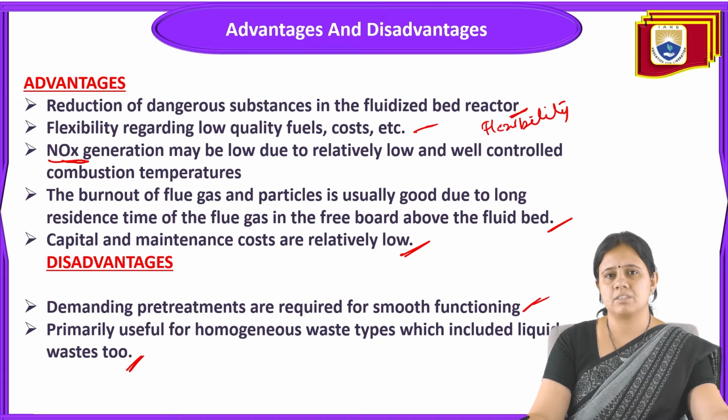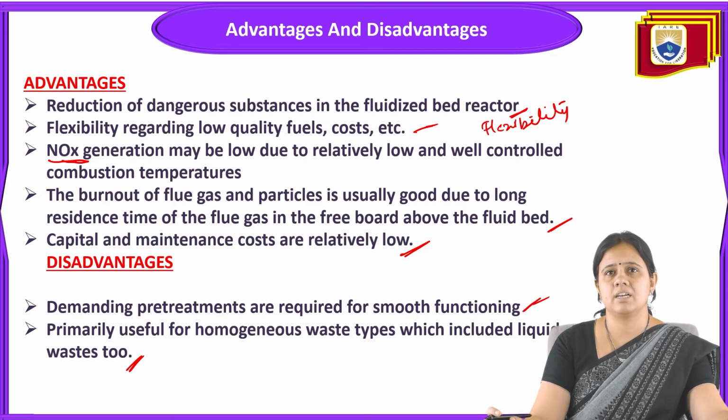So we have discussed the moving grate incinerator, rotary kiln incinerator, and fluidized bed incinerator. Among the three types of incinerator, the fluidized bed incinerator is best, because its advantages are more. There is a reduction of dangerous substances in the fluidized bed reactors.